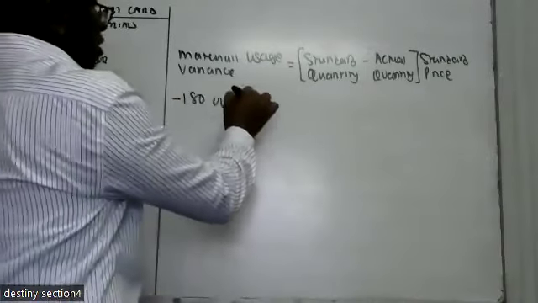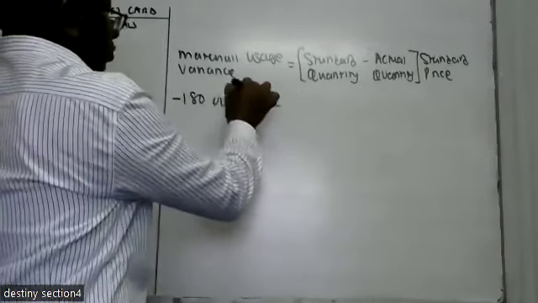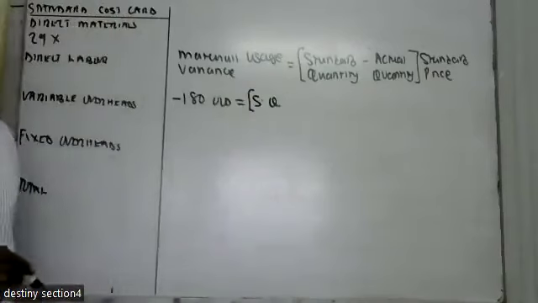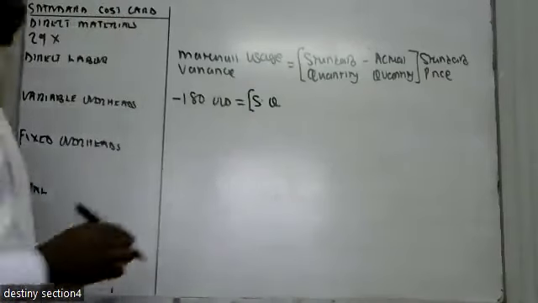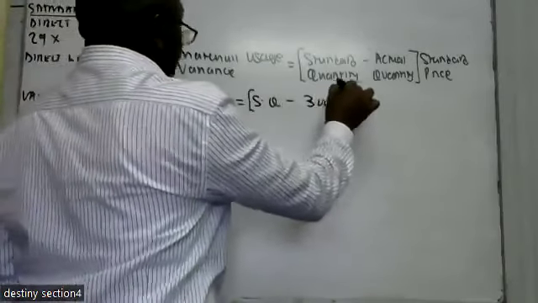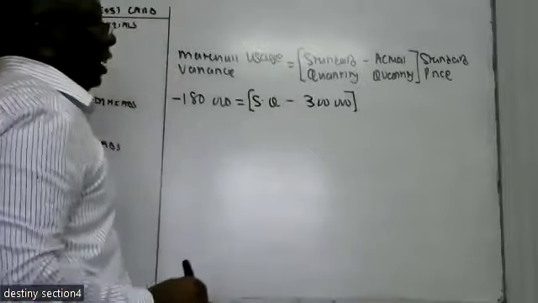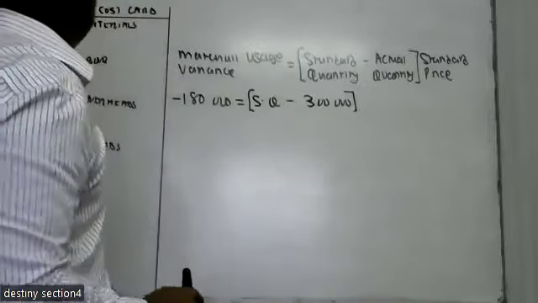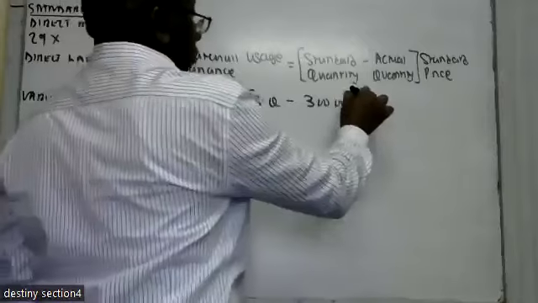So the standard quantity, let's use SQ to represent it, minus the actual quantity, we know we used 300,000, and the standard price we found is 29.